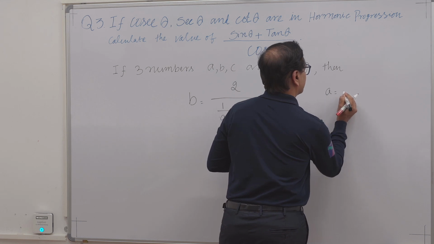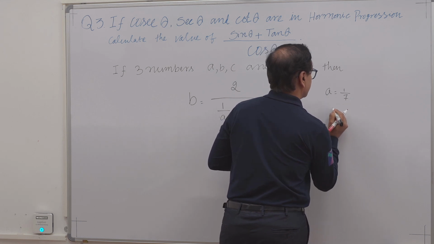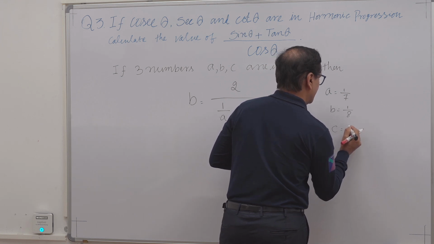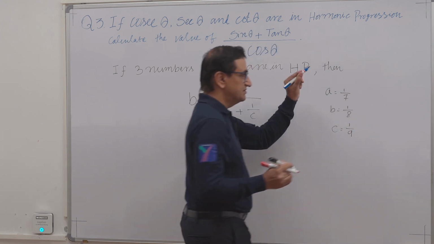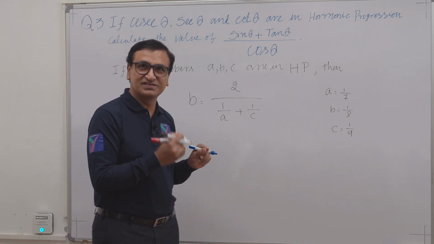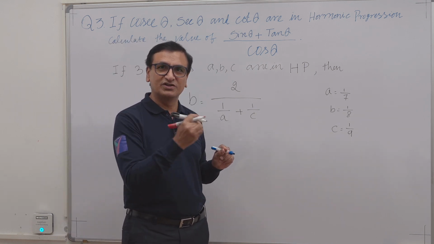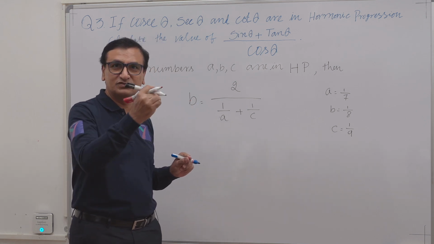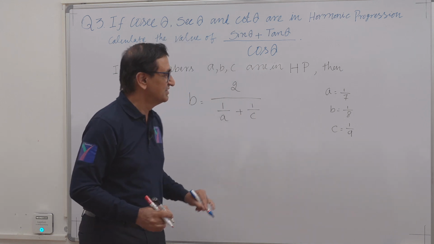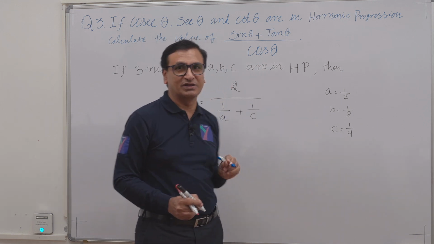A equals 1 by 7, B equals 1 by 8, C equals 1 by 9. This is in a harmonic progression. It's part of the harmonic series, right? The harmonic series is 1 by 1 plus 1 by 2 plus 1 by 3 plus 1 by 4 plus 1 by 5 and so on. So this is part of the harmonic series.